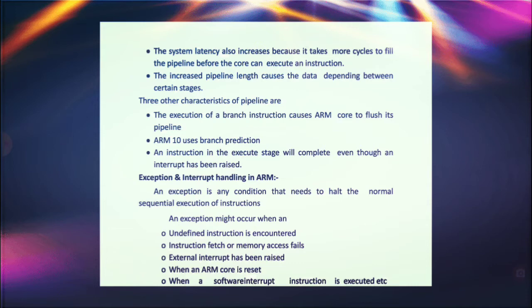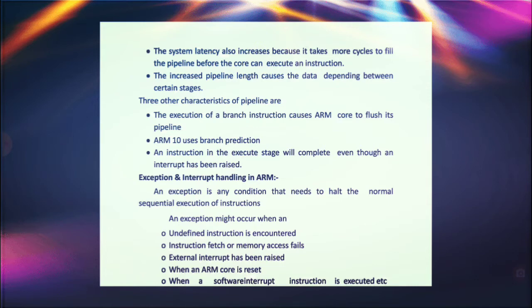The system latency also increases because it takes more cycles to fill the pipeline before the core can execute an instruction. The increased pipeline length causes data dependency between certain stages. The characteristics of the pipeline are: the execution of a branch instruction causes the ARM core to flush its pipeline.